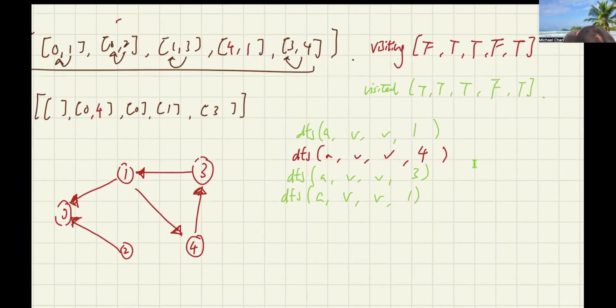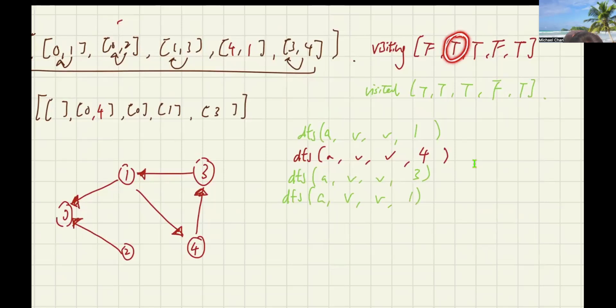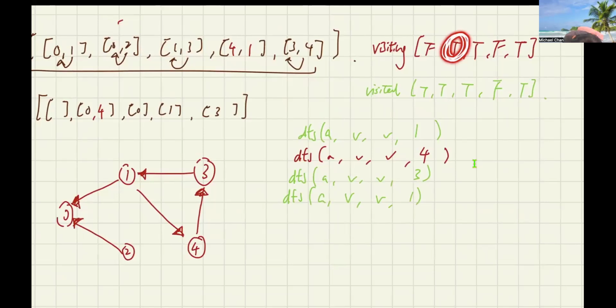Oh, 1 in visiting is true. So this would return false, right? This will return false back to here. This call you're passing in as neighbors of 3.